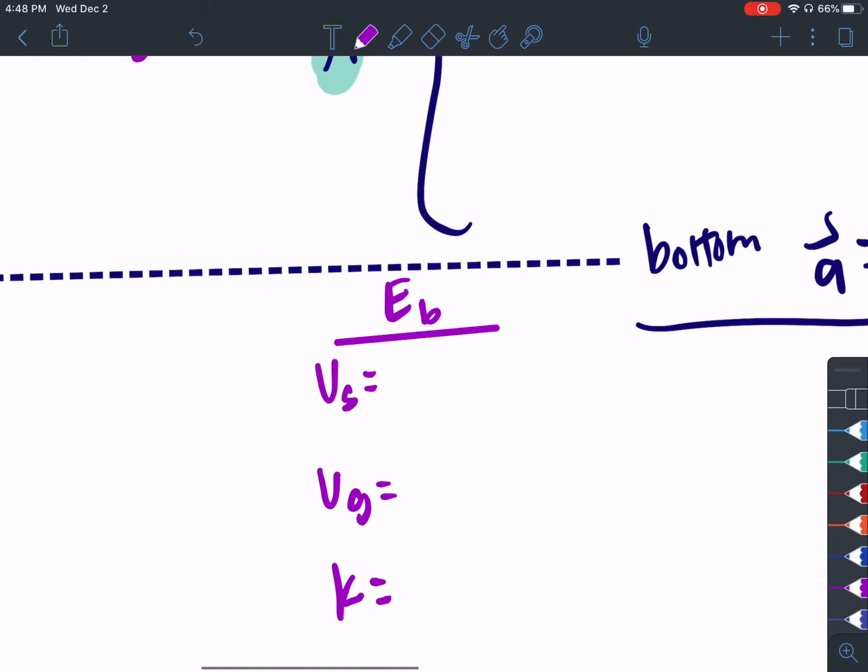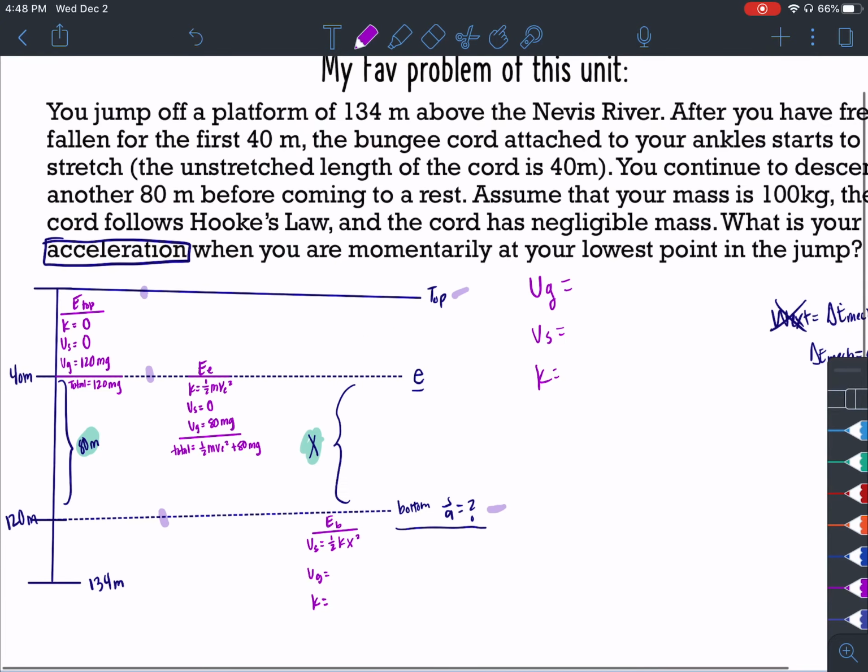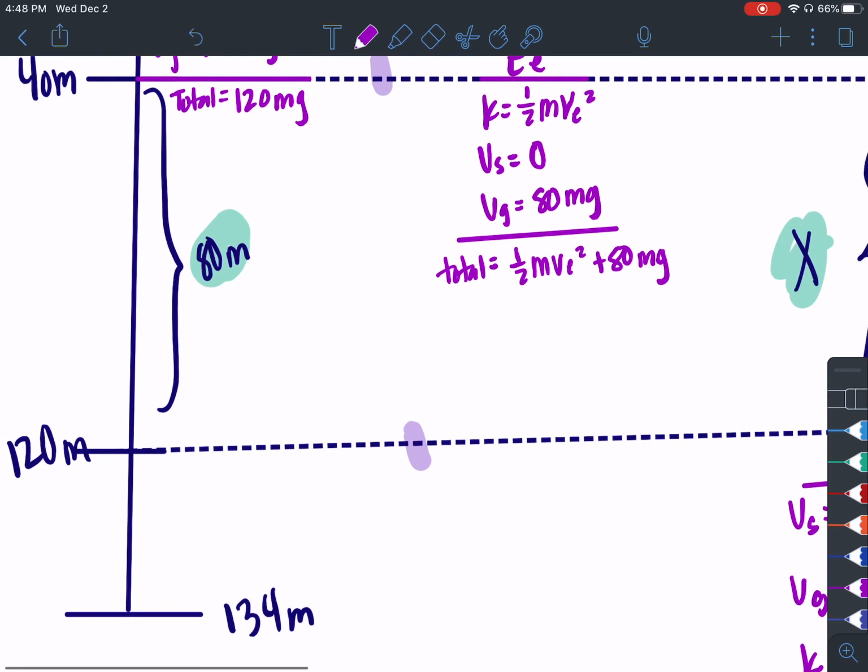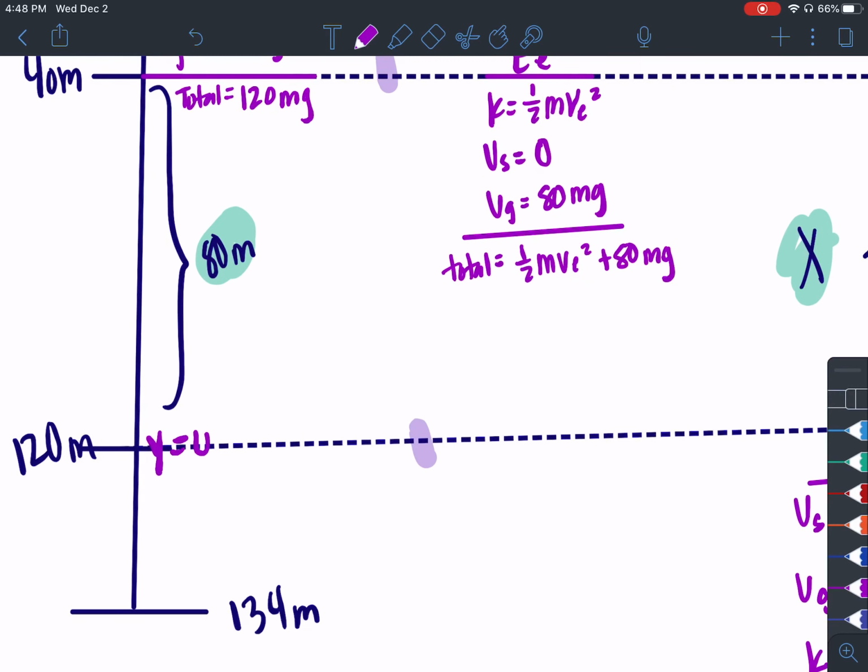So here, we're going to say that the spring energy is actually that 1/2 kx squared. So that is our equation for the potential energy of a spring. So it's actually extending out. It wants to pull the bungee jumper back up to that equilibrium point. So it has this potential energy of 1/2 kx squared. Now, based on the fact that we said we started 120 meters high for our jumper, we've now gone those full 120 meters. So what we really did at the beginning is we said this was y equals 0.